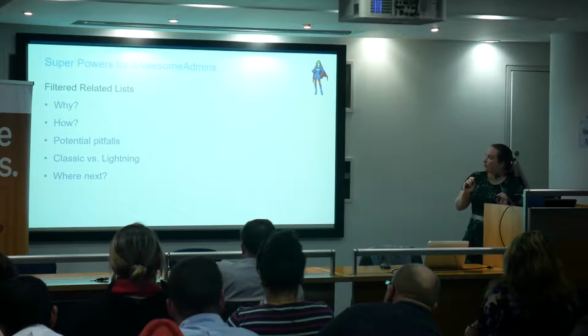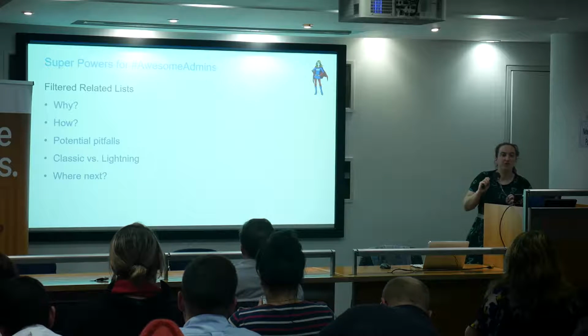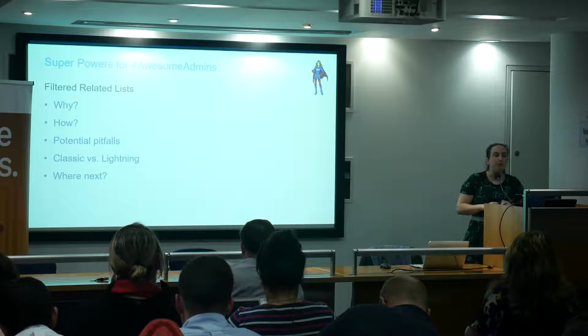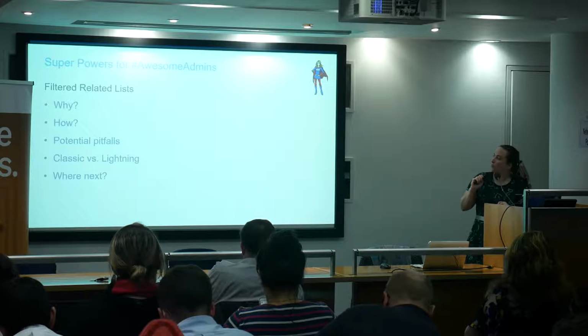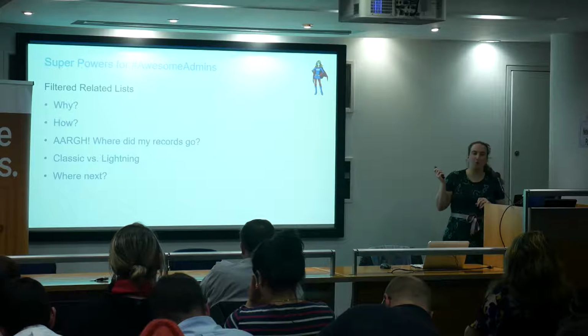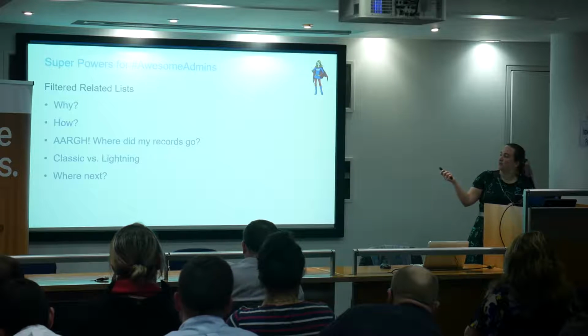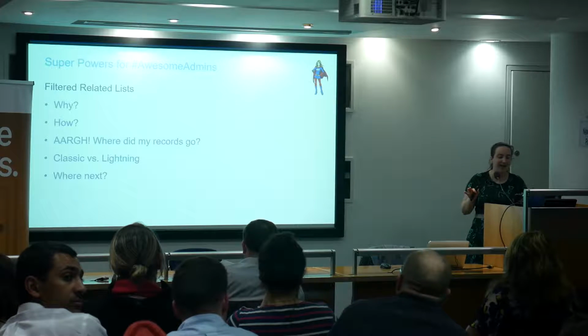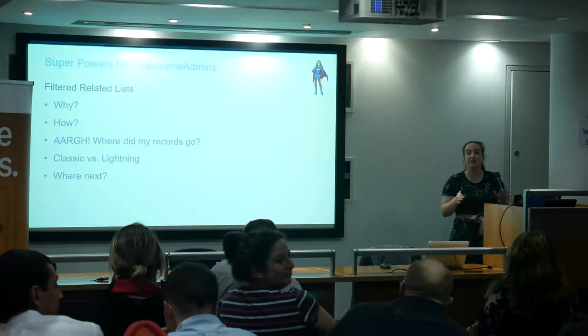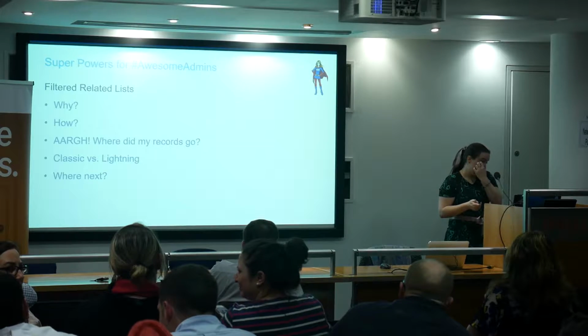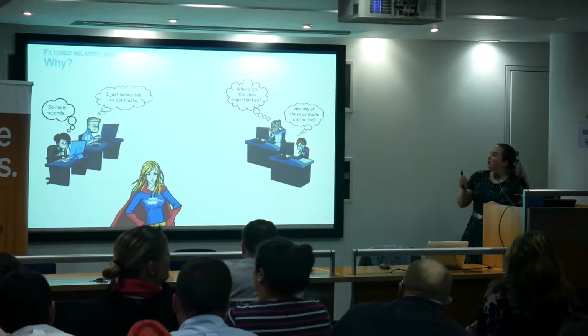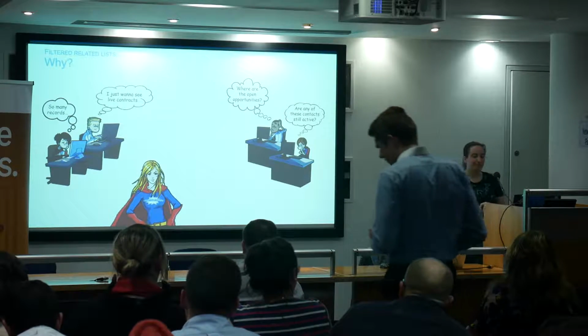So I'm going to take you through why you might want to filter your related lists, how you can do it, pitfalls to be aware of, or where did my records go, and then differences in implementation between Classic and Lightning, and then I'm going to suggest some next steps, or even an extension to the idea if you've already done this.